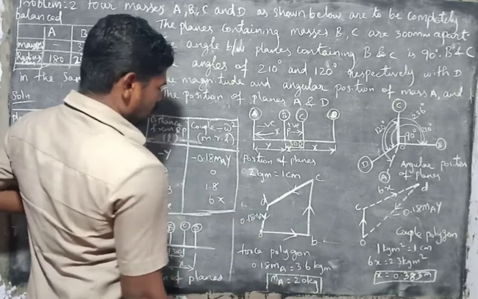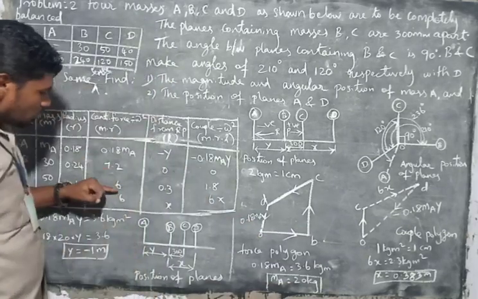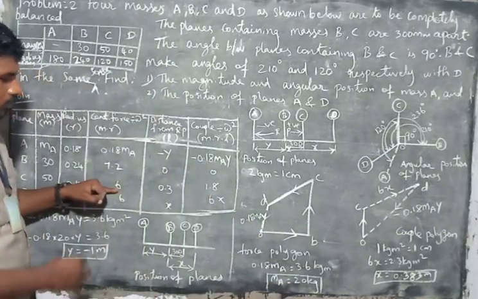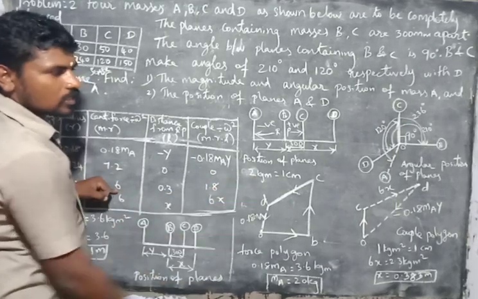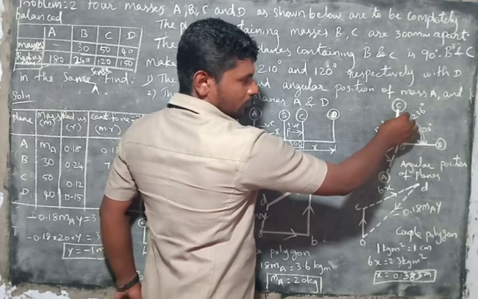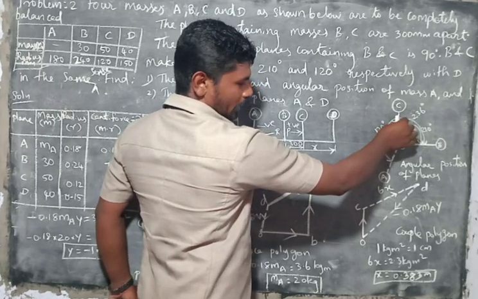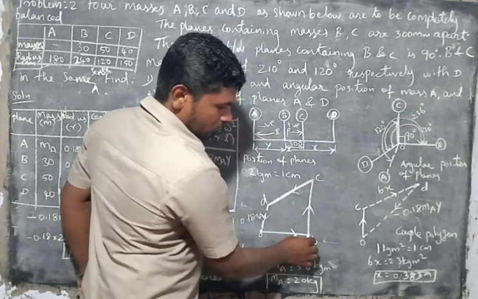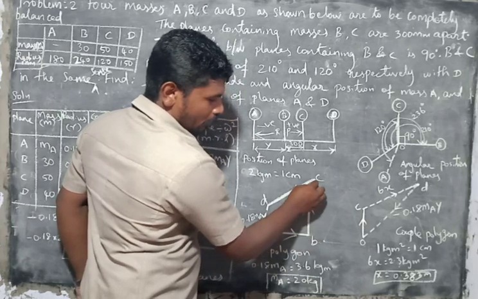Mark that. And for the C plane, 6 divided by 2, 3. Draw a parallel line to the C plane from the B point and mark the value.